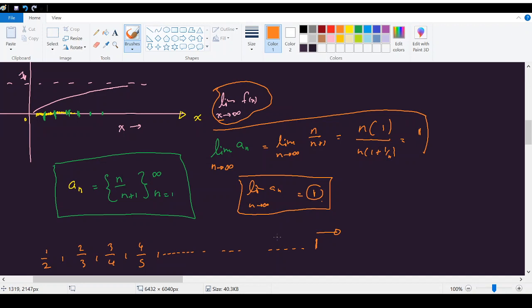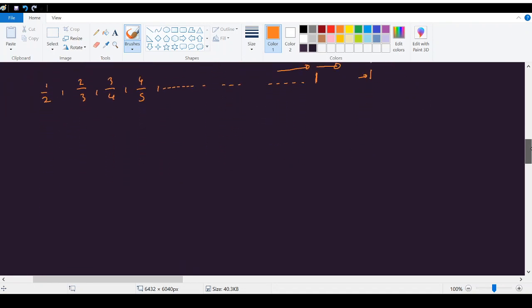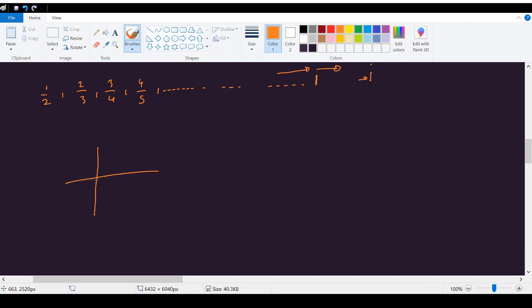So when you move towards the right corner, the numbers will be very close to this limiting value, which is in this case equal to 1. So what we have to do is we should be able to calculate the limits of some given sequences. That's all. But the idea is like you are just calculating the limit of a certain function, right?